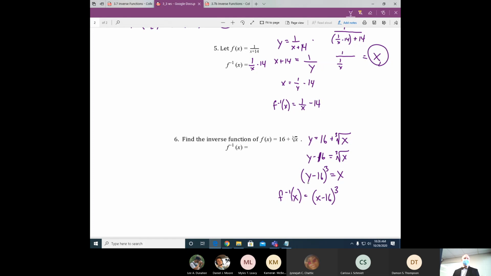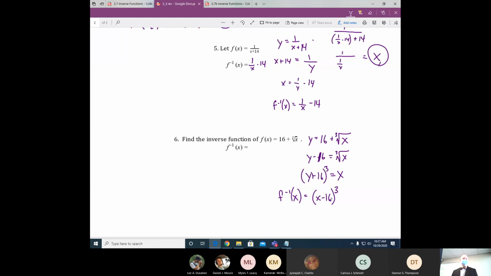Take whatever input you give me, subtract 16 and cube it. I know I will get x back if this is what you gave me at the start. So there is my f inverse. Simply solving for x and then saying, okay, if you give me this as input, I know I'll get x back.